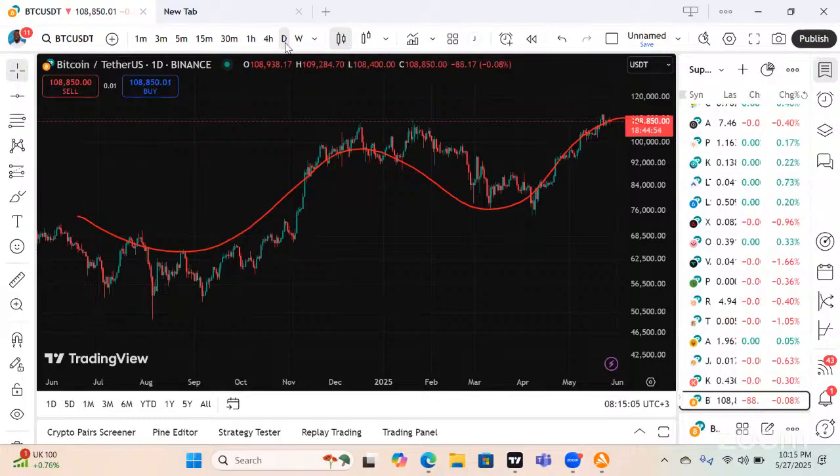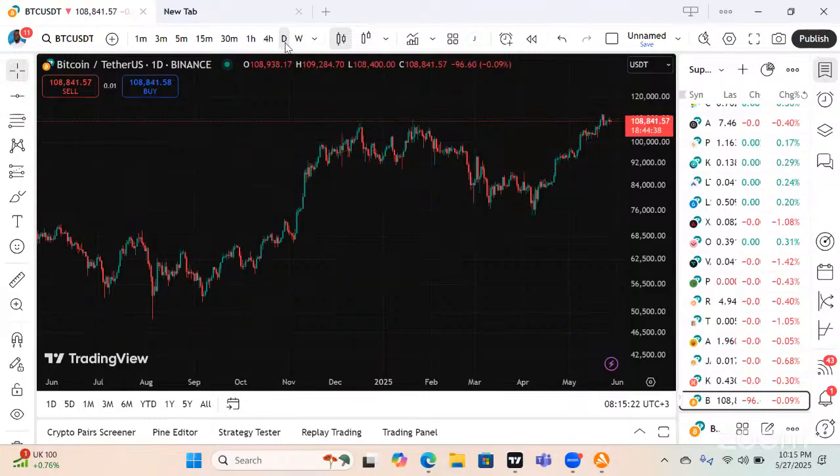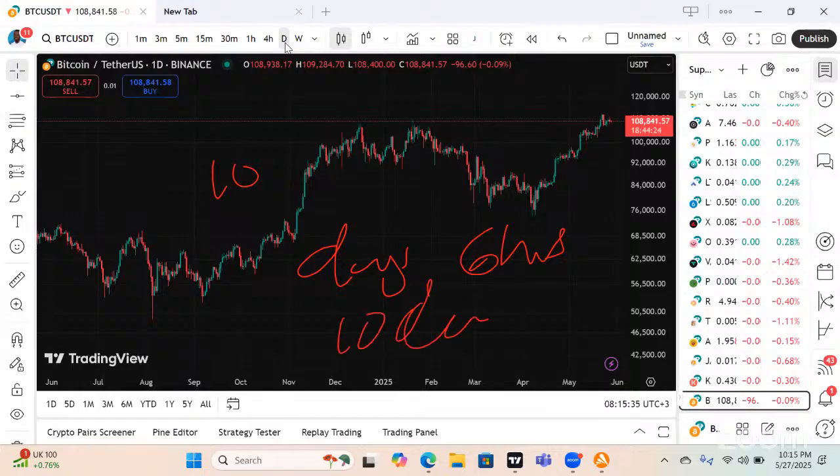They are just lines that calculate the average of a certain group of candles. It is just the average price of an asset, and this average price can be calculated in days, maybe in 10 days, maybe in 6 hours, maybe in 10 candles. Is that clear? Give me a one. It is just a line that calculates an average price.